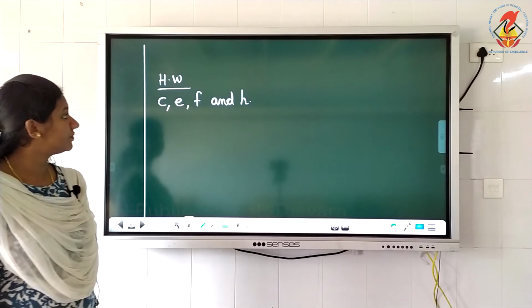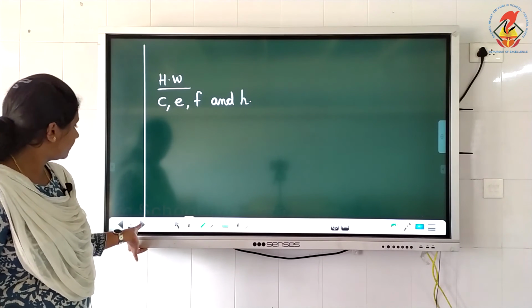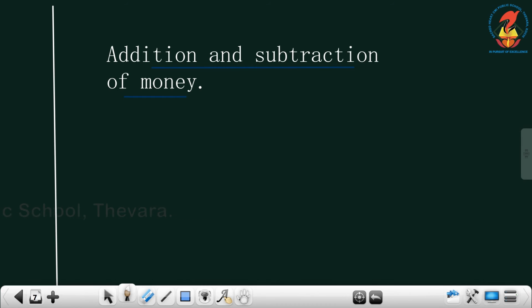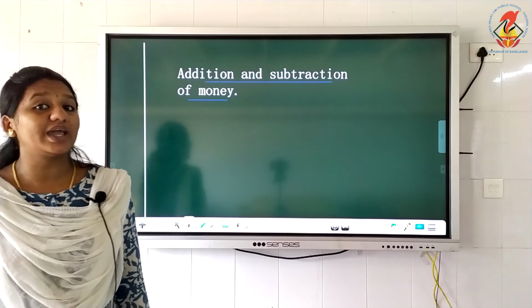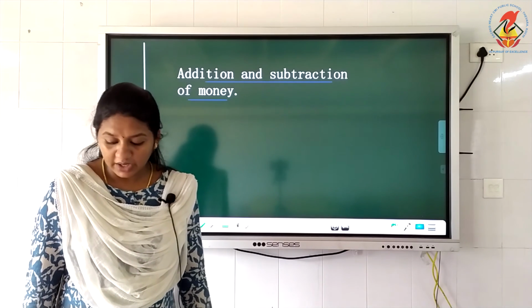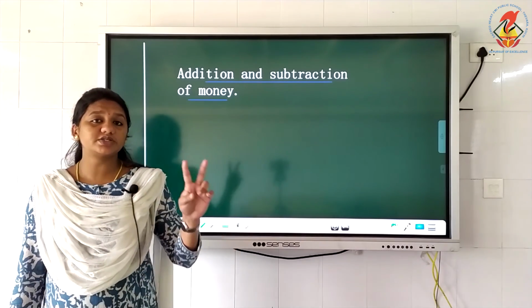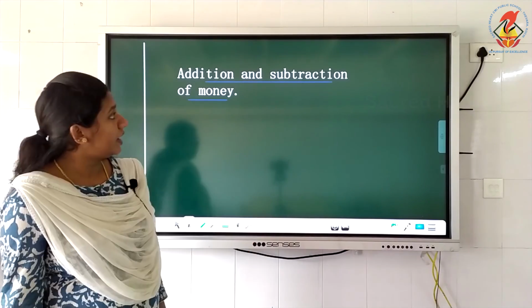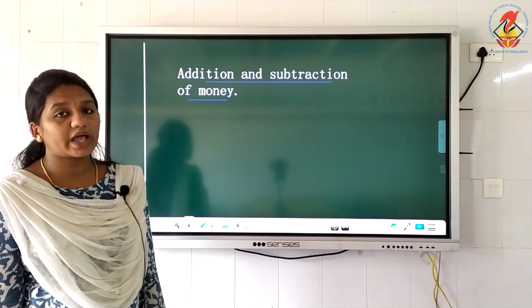Okay, clear? So we are moving to another topic, an interesting topic, addition and subtraction of money. We use money to buy things. In Indian money there are rupees and paisa. It is in the form of notes and coins.